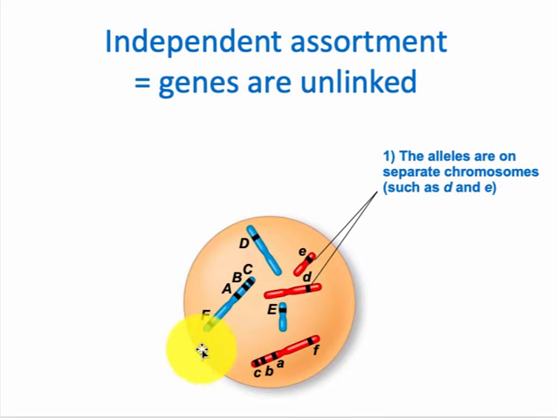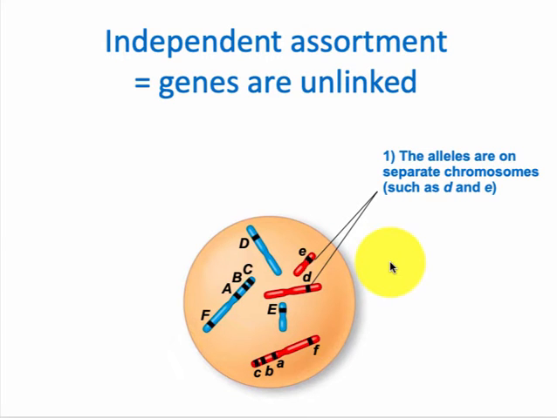Here we have a cell, and this cell has 3 pairs of chromosomes, and is heterozygous for all of these genes. We have a small chromosome, we have 2 versions of that small chromosome, a medium chromosome and a large chromosome. So if the genes are located on different chromosomes, like the E gene, which is located on the small chromosome, and the D gene, which is located on the medium chromosome, those two genes would assort independently because they're located on different chromosomes.